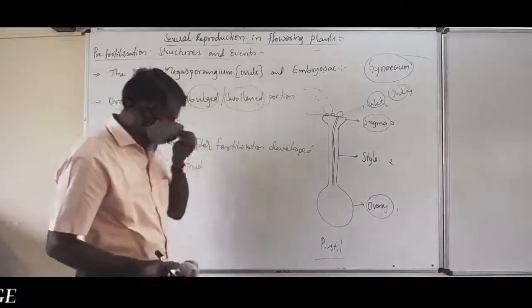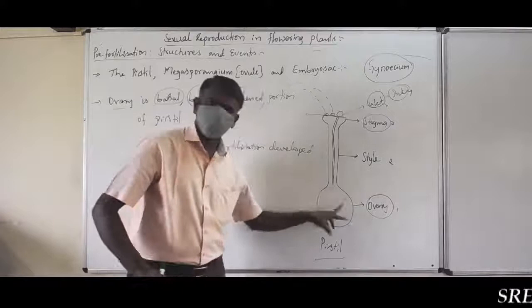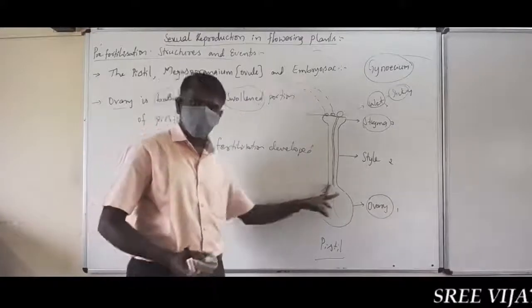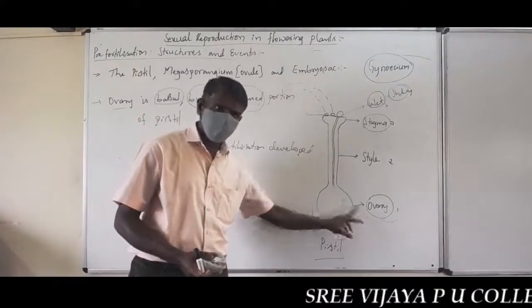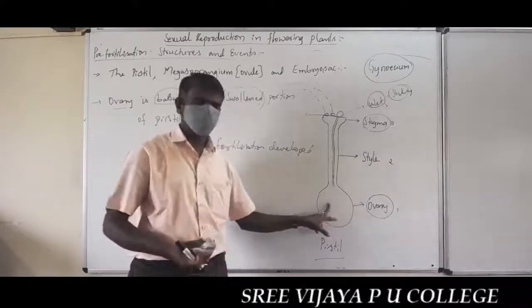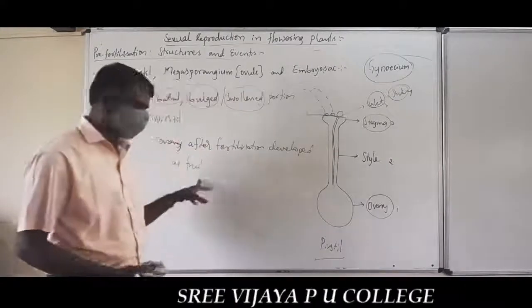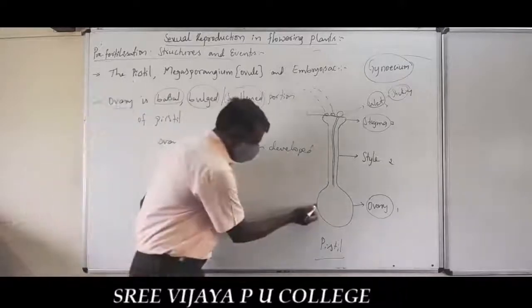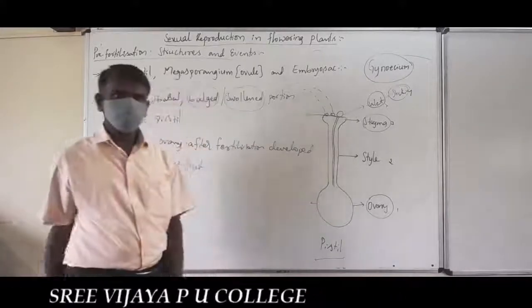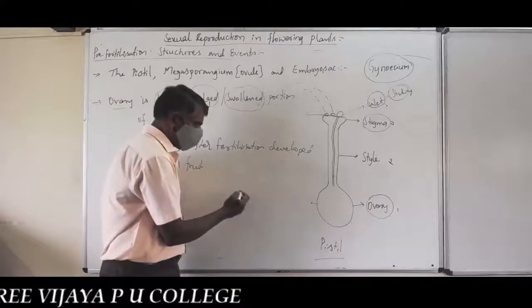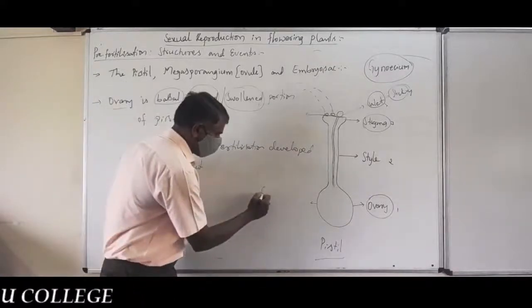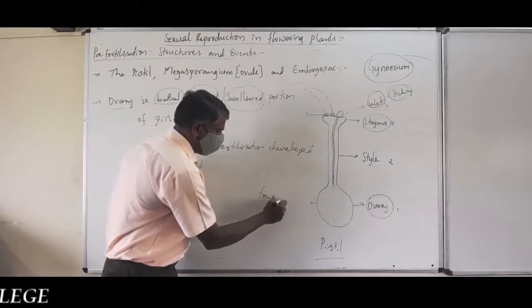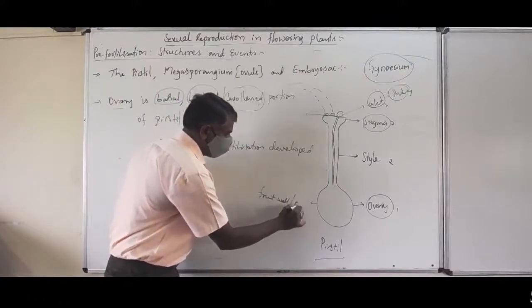The ovary is a part of the pistil, and after fertilization it develops as a fruit. The wall of the ovary develops as the fruit wall, or pericarp.